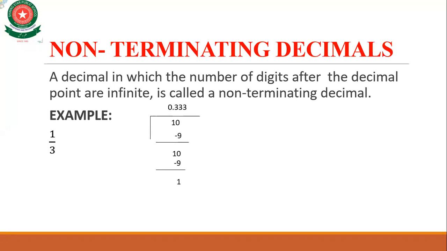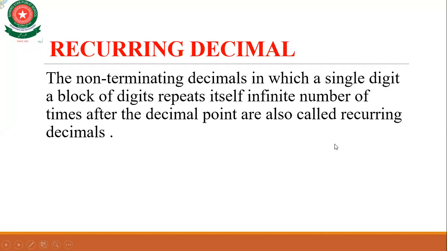That's why this is known as a non-terminating decimal number, because it has infinite decimals. The next one is recurring decimal. The non-terminating decimals in which a single digit or a block of digits repeats itself an infinite number of times after a decimal point are also called recurring decimals.